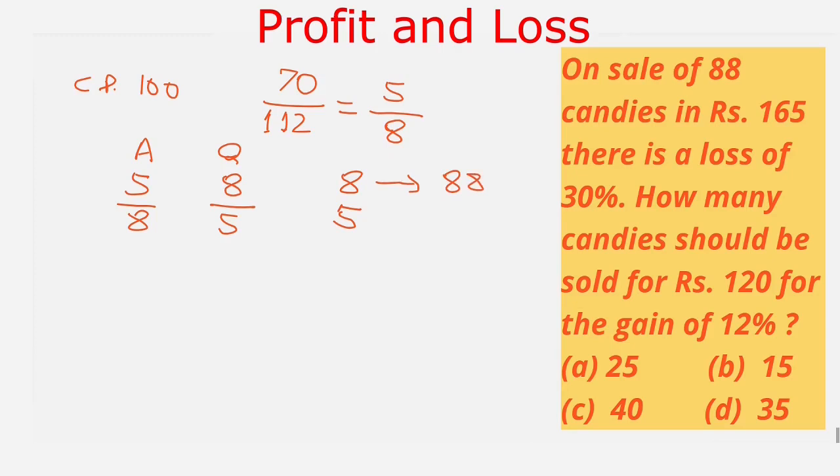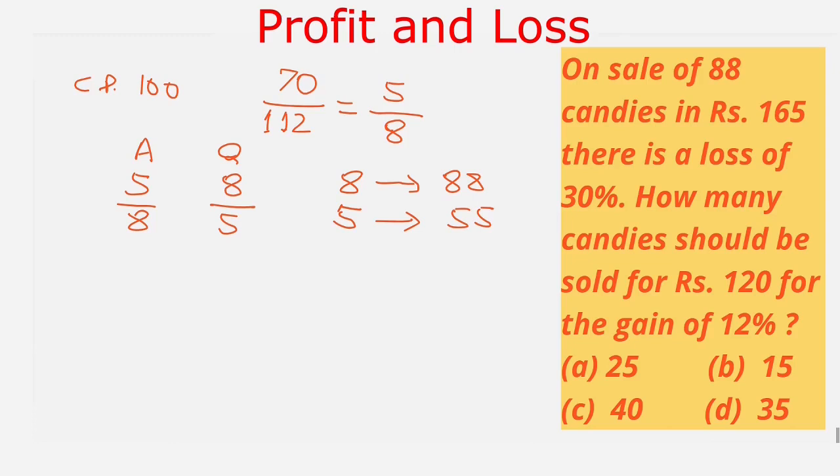Therefore 5 should be equivalent to 88 divided by 8, which is 11 times 5, and that is 55. So earlier we were selling 88 candies for rupees 165, and if we sell 55 candies for the same amount of rupees 165, then we make a profit of 12% instead of a loss of 30%.